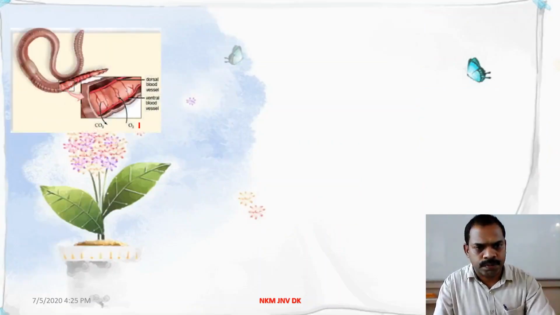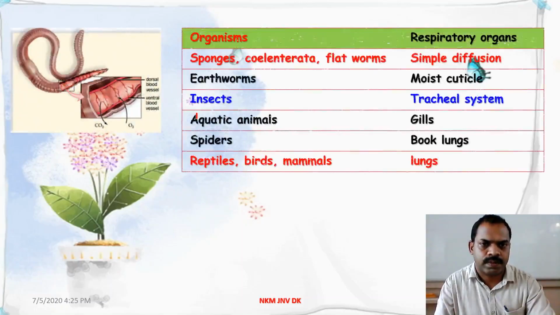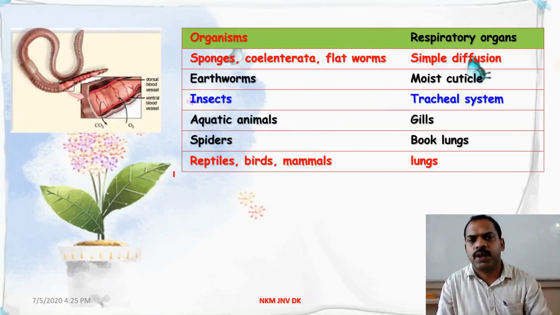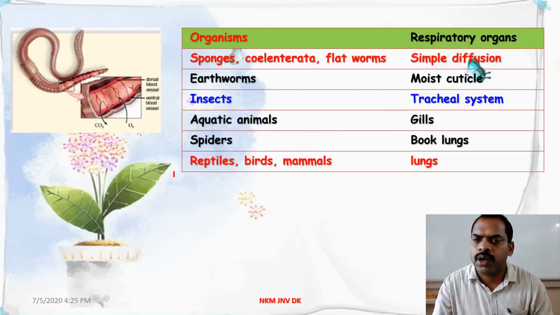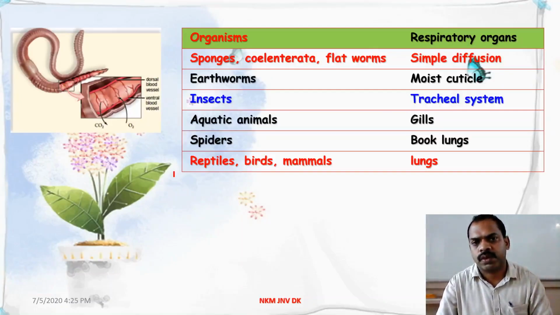See, in earthworms, they have a moist skin or cuticle for exchange of gases. So let us see this table of organisms and their respiratory mechanisms. The sponges, cnidarians, flatworms.